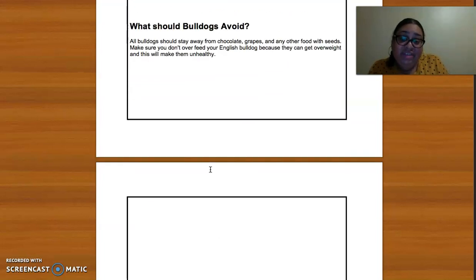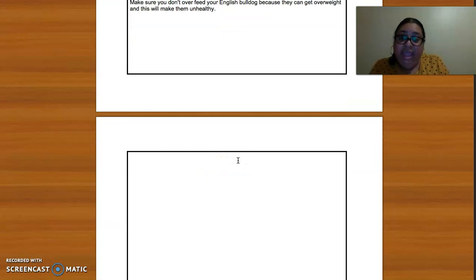I could have just done one page here and called this something like, what French Bulldogs eat. I could have put that there and given information, and then this next section could have been, what do English Bulldogs eat?